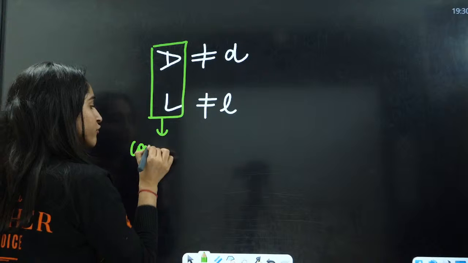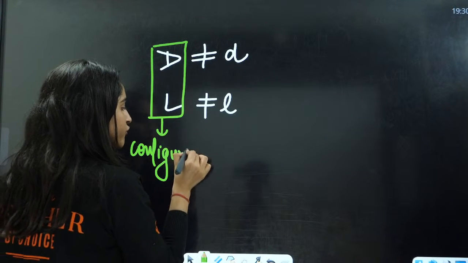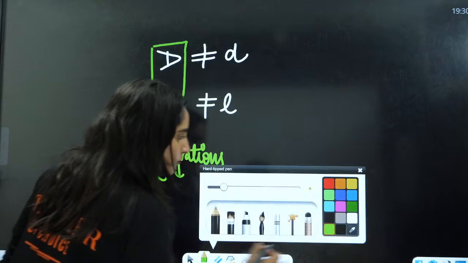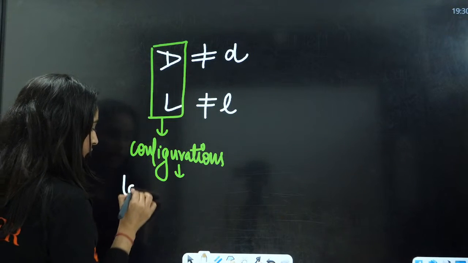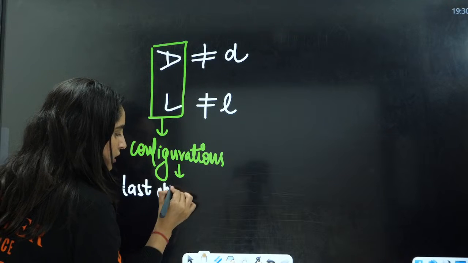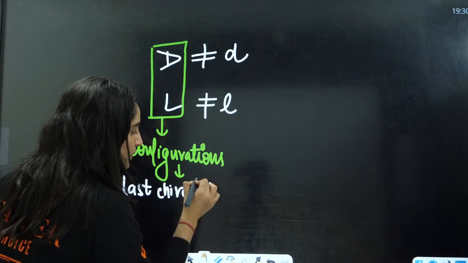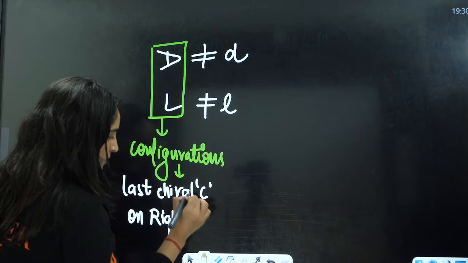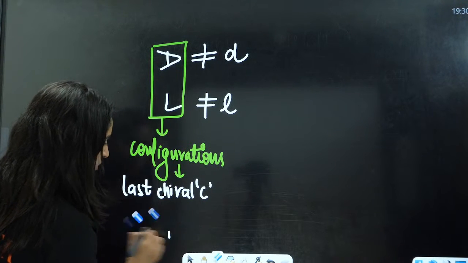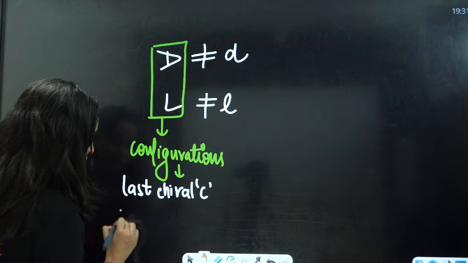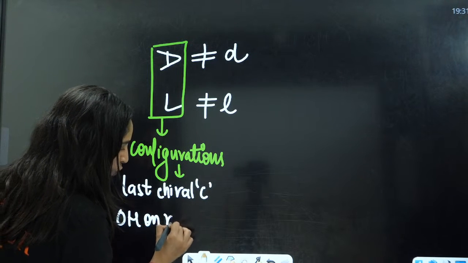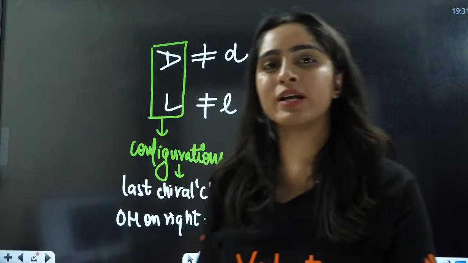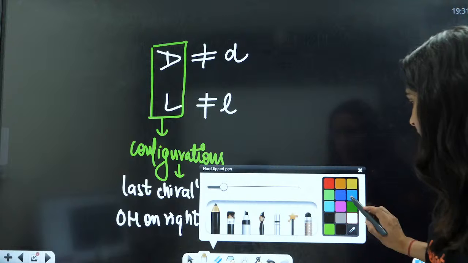That means last chiral carbon with OH on the right equals capital D, and OH on the left equals capital L.